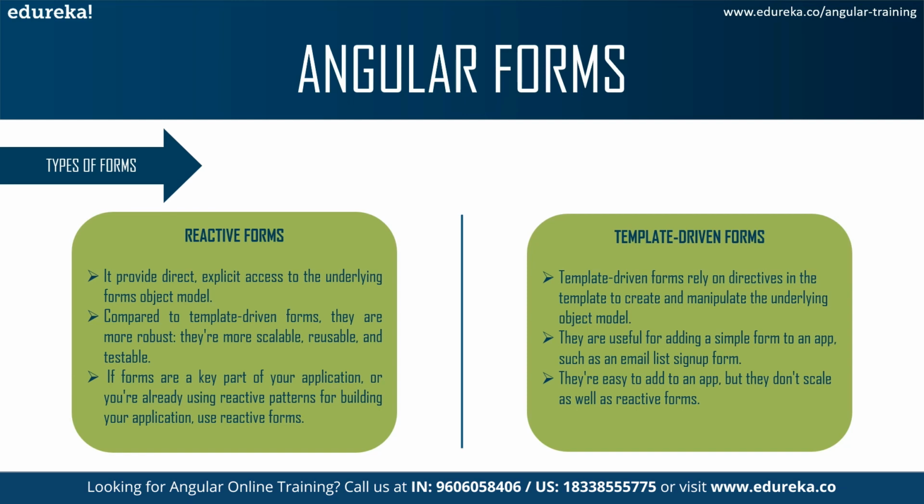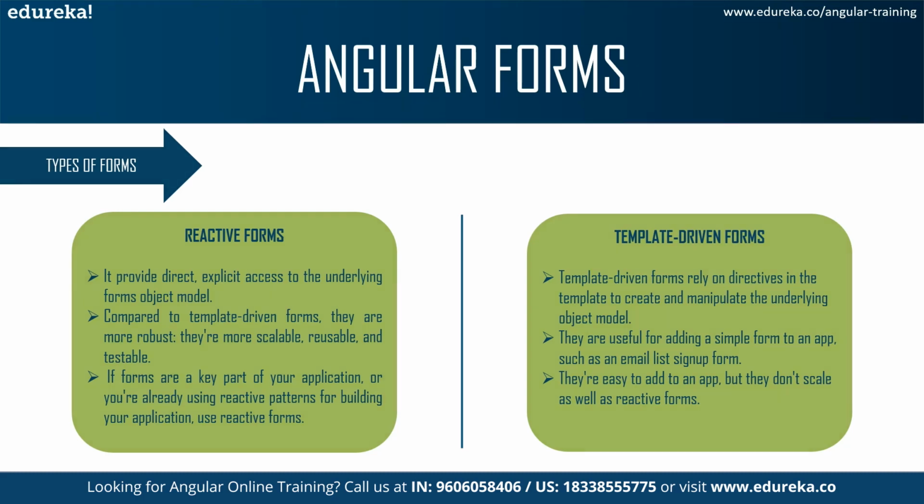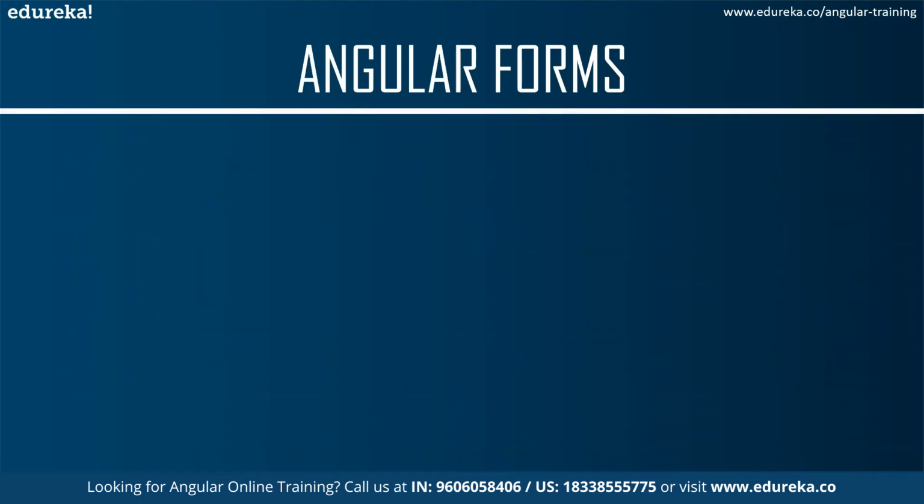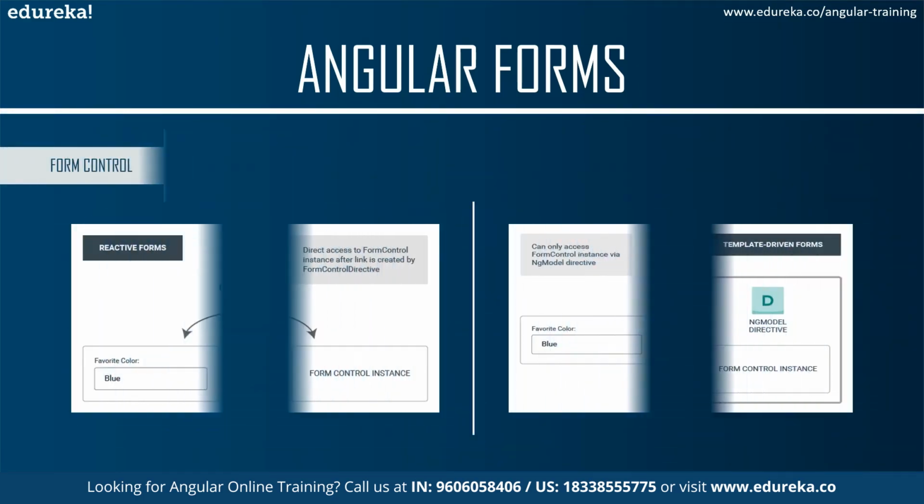In reactive forms, the key part of your application itself is reactive forms. So for building your application, you mostly use reactive forms, not template forms. Like I said, template forms are basically used for sign-up procedures. But again, template forms are pretty easy to add into your app, and they don't scale like reactive forms. Now, with Angular Forms, you find a set of form controls.